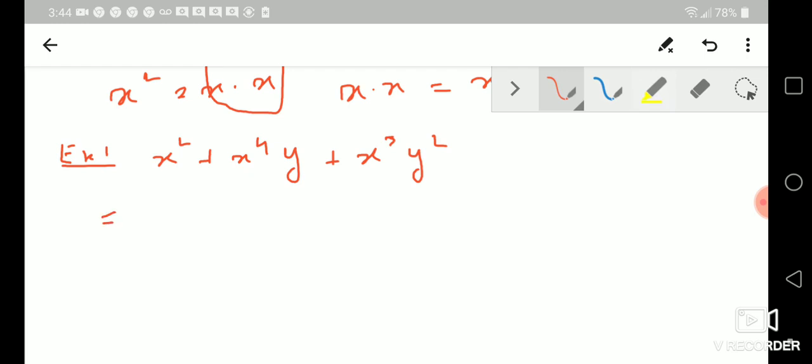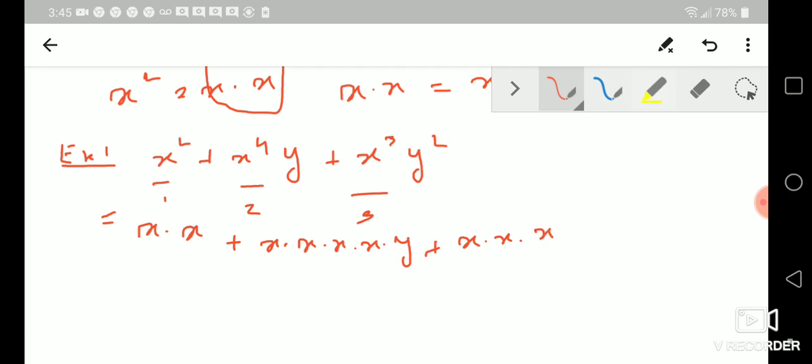So now we want to see what is common between all these three terms, term number 1, term number 2, and term number 3. So let's break it down to simplify. x squared we can write as x dot x, and x to the power 4 we write as x dot x dot x dot x, and we leave the y as it is, and for the last one we write x dot x dot x dot y.